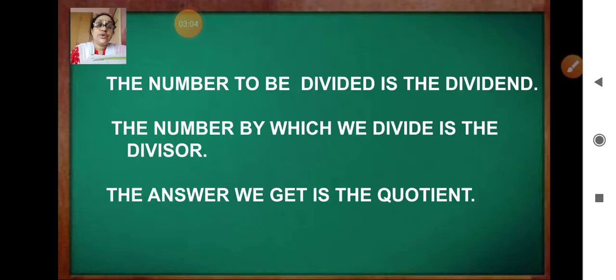Now I will introduce some new words. The number to be divided is the dividend. Okay? The number by which we divide is the divisor. The answer we get is the quotient. Okay? Dividend, divisor, quotient.